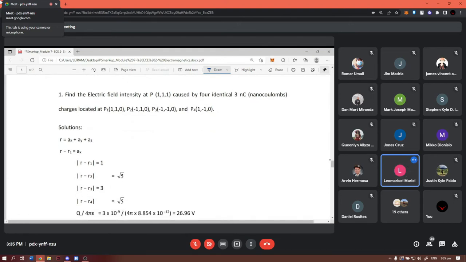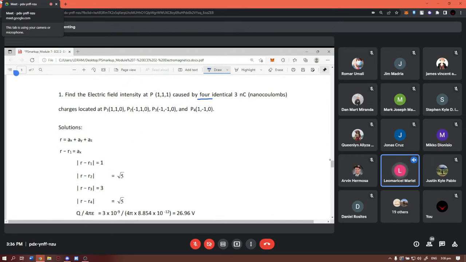Example, find the electric field intensity or the EFI at P, which is located at 1, 1, 1, caused by 4. So, ibig sabihin, meron kang test charge, merong epekto sa test charge ay 4 na identical charge. Meron kang test charge, QT, caused by 4 identical 3 nanocoulomb charges.